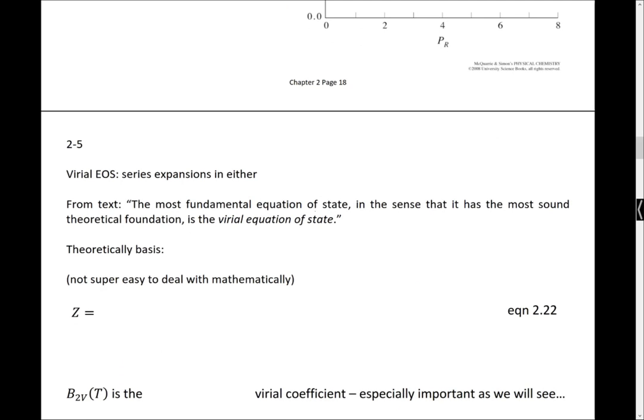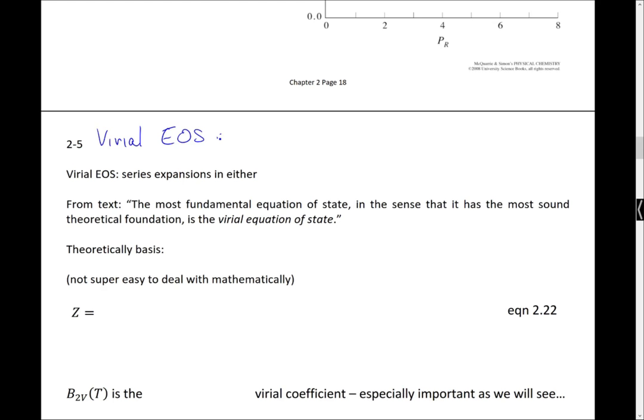Okay, so what we're going to do next is talk about another equation of state called the virial equation of state. One of the goals of looking at the virial equation of state is to determine intermolecular potentials, that is, the interactions between two or more gas particles.